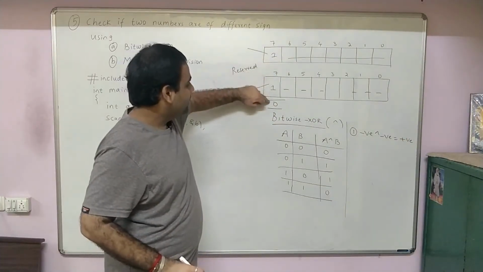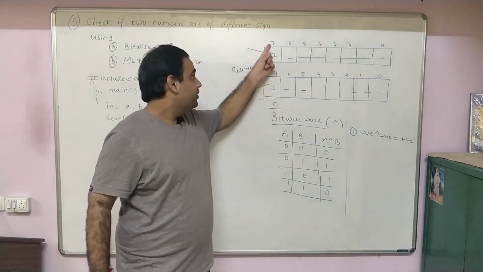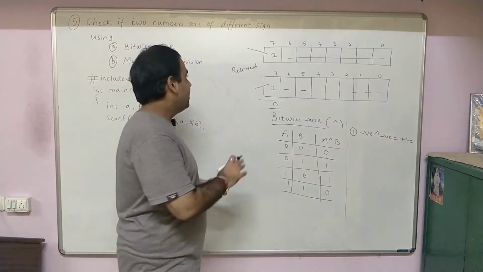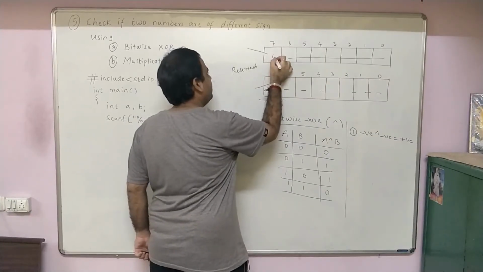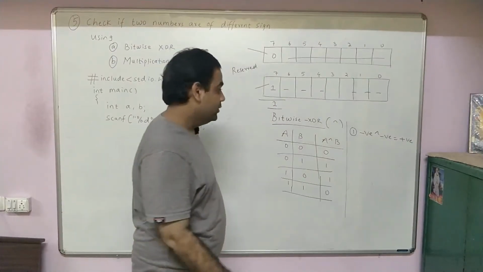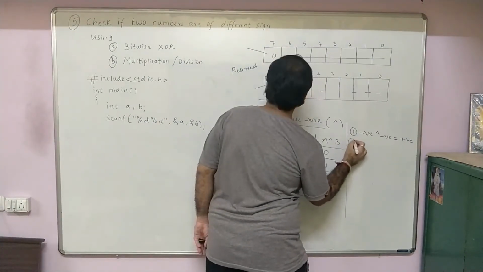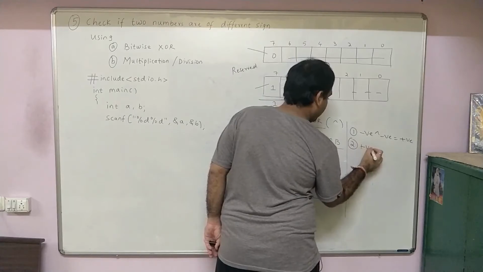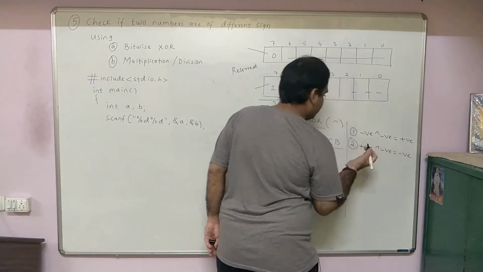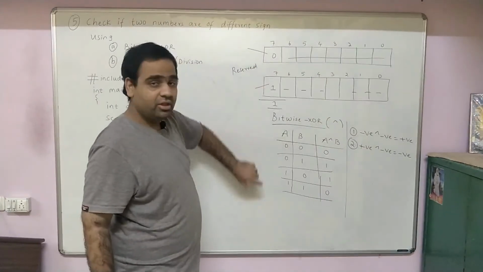Because 1 XOR 1 is 0, and 0 means the highest bit is 0, which means it is a positive number. Suppose the first bit is positive and the second bit is negative, you get the result as negative. Therefore, the second observation is positive XOR negative is equal to negative.